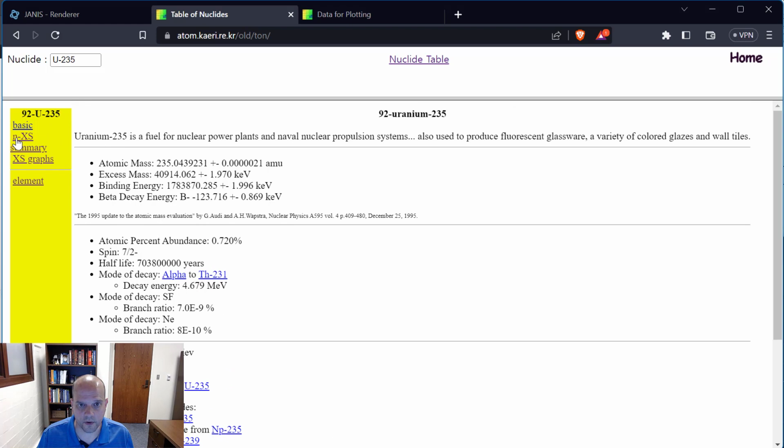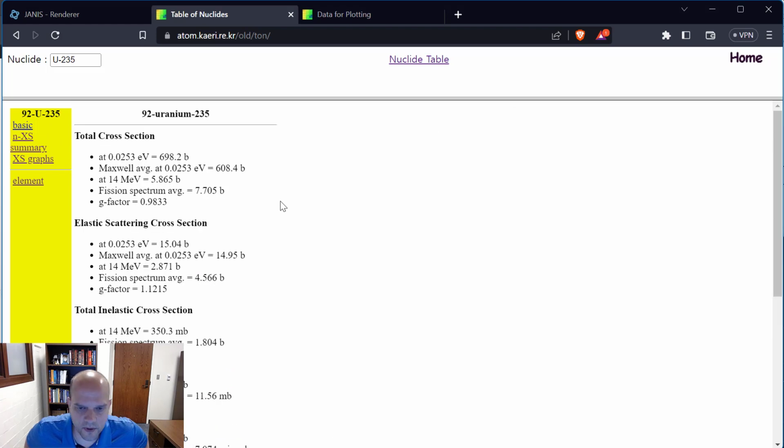But over here, if you go to N cross-section, and so a lot of what we do as nuclear engineers is we're talking about incoming neutrons, and so cross-section for neutron projectiles. And you see that it gives me values for total cross-section at 0.0253 eV.